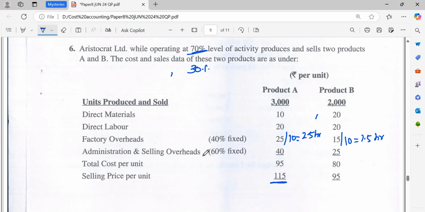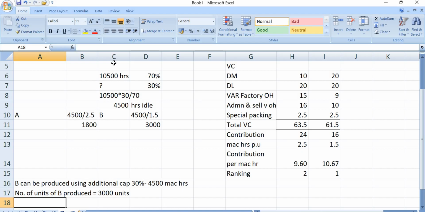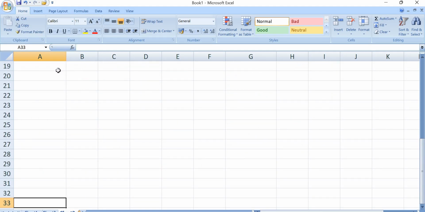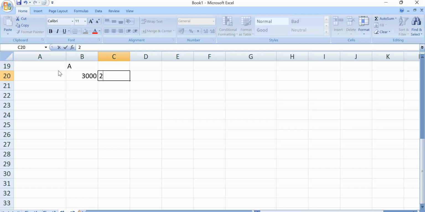So for 70 percentage, that is A 3000 units, 2000 units of B, and we have export B, that is 1500, right?